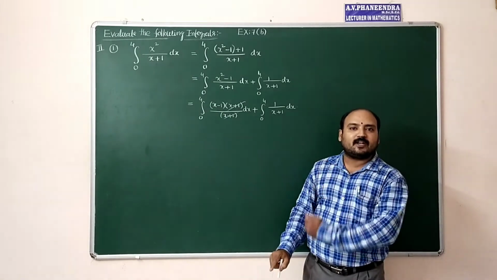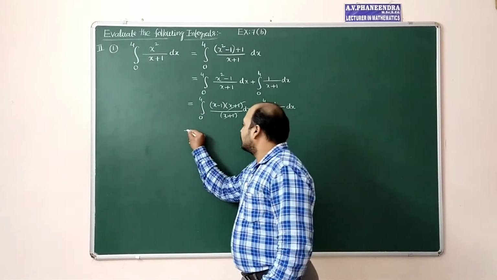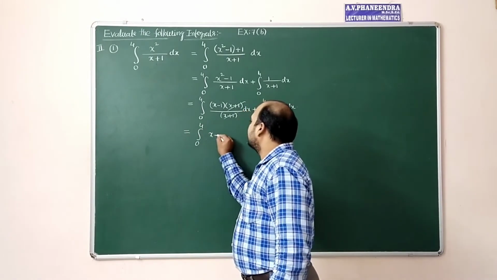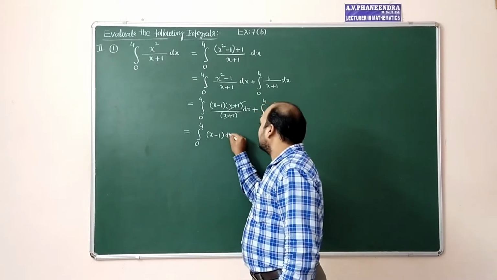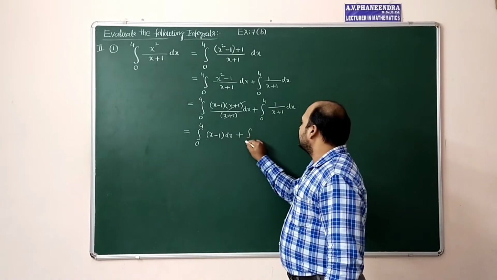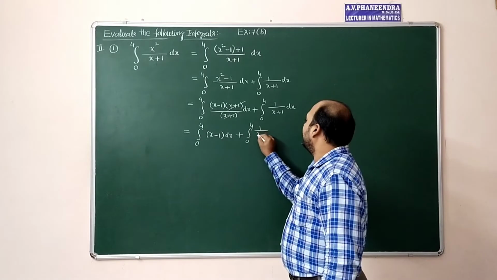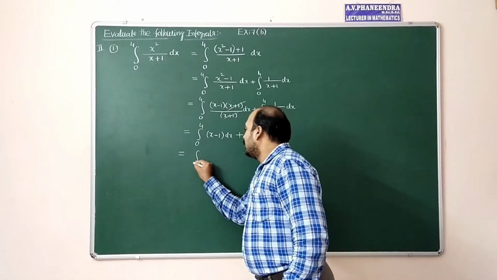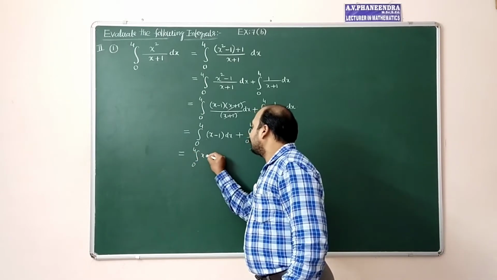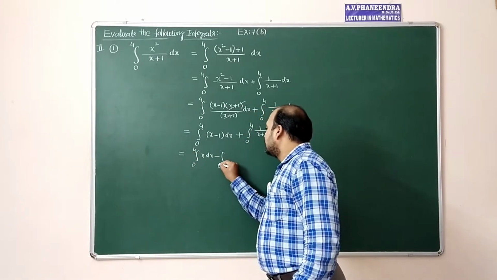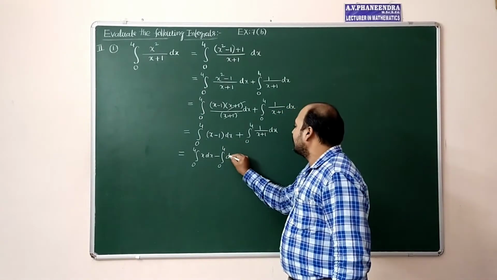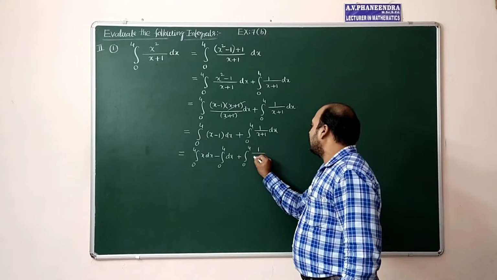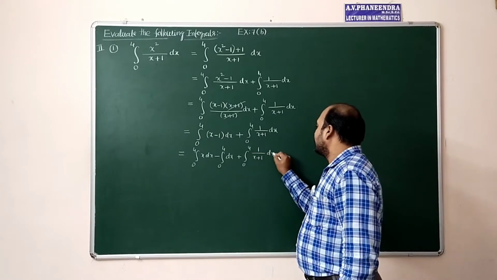Now each and every term you have to integrate, which is equal to integral 0 to 4 x minus 1 into dx plus integral 0 to 4 1 by x plus 1 into dx, which is equal to integral 0 to 4 x dx minus integral 0 to 4 1 into dx plus integral 0 to 4 1 by 1 plus x, or x plus 1, into dx.